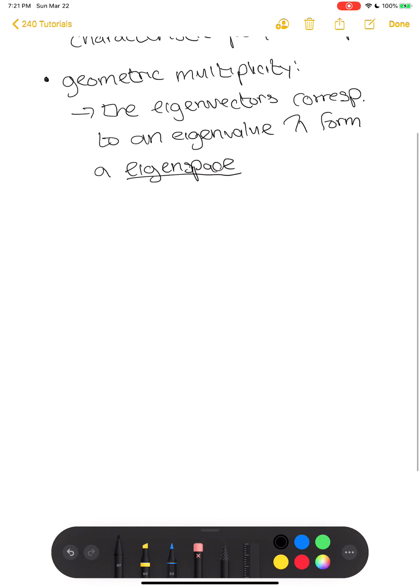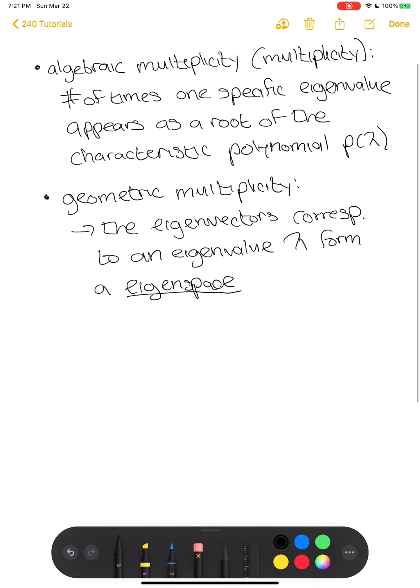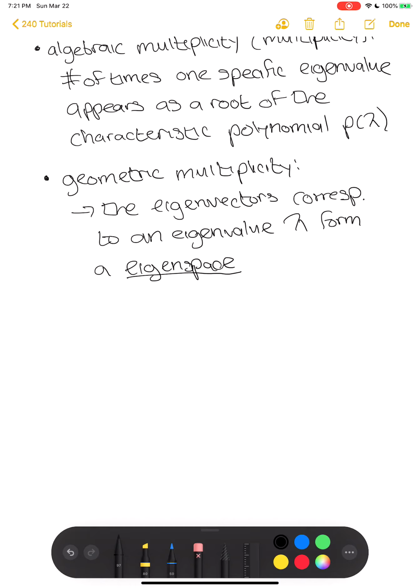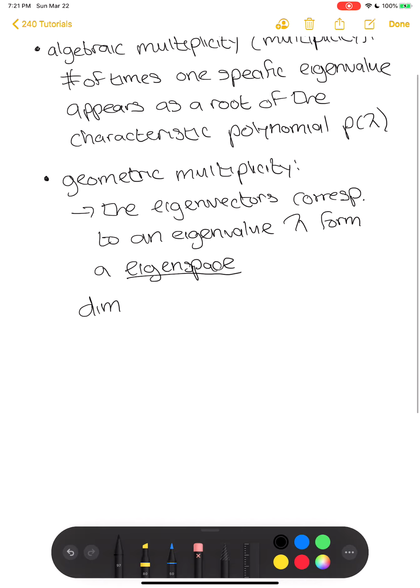And so what we'll find then as we move forward is that if you do by chance have an eigenvalue that has more than one eigenvector associated with it, then those eigenvectors will be linearly independent. And so what we call the geometric multiplicity then, these eigenspaces are capital E's, is what they're denoted.